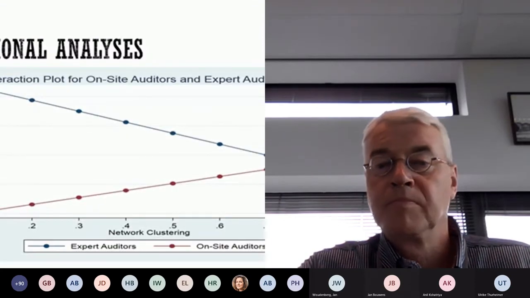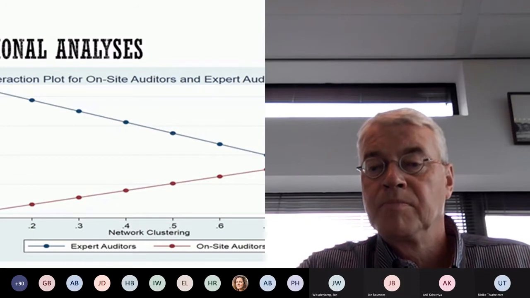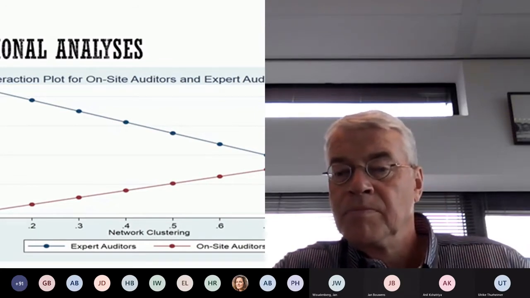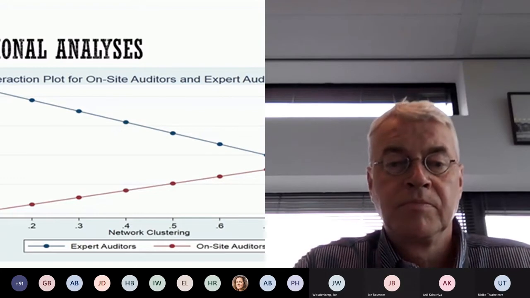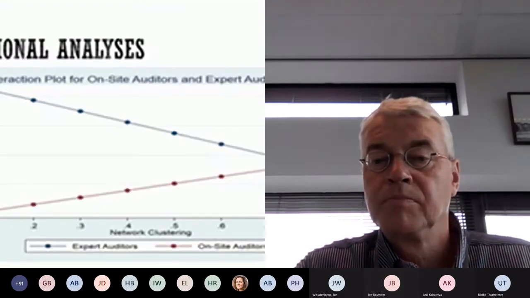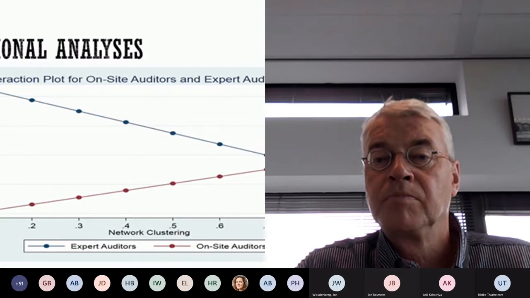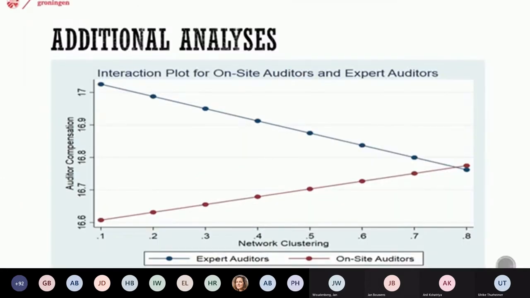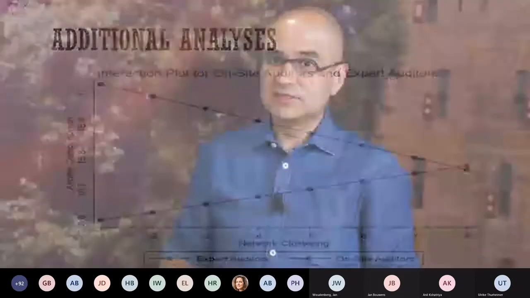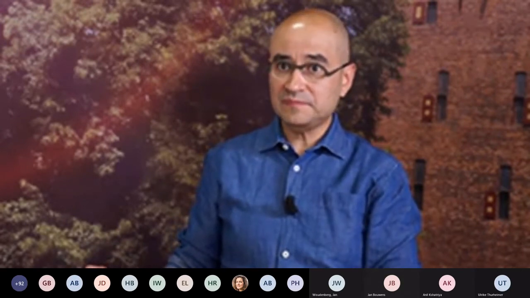And perhaps also interestingly, there is an interaction effect going on, basically telling us that especially what we call the on-site auditors, which involve the assistants, the seniors, and the managers, in case their local clustering coefficient is higher in combination with their level, they tend to benefit more from it, as is evident in the form of higher auditor compensation. Now, perhaps in view of the time, only the latter.